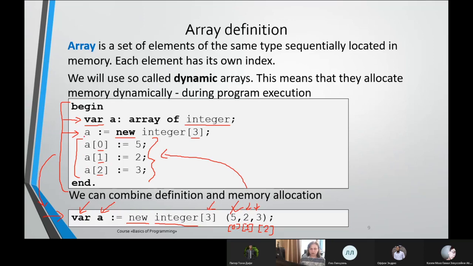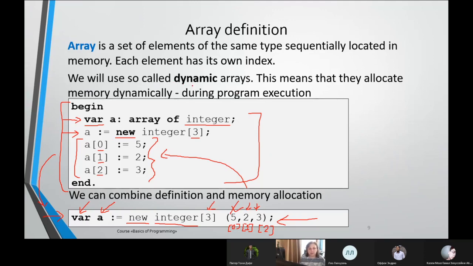You can do it the long way, with several lines of code, or you can do it using this short version. I think it is easier, and maybe you will do it this way because it is just one line of code. But you can do it the other way too. It's also possible because for the compiler it is the same.